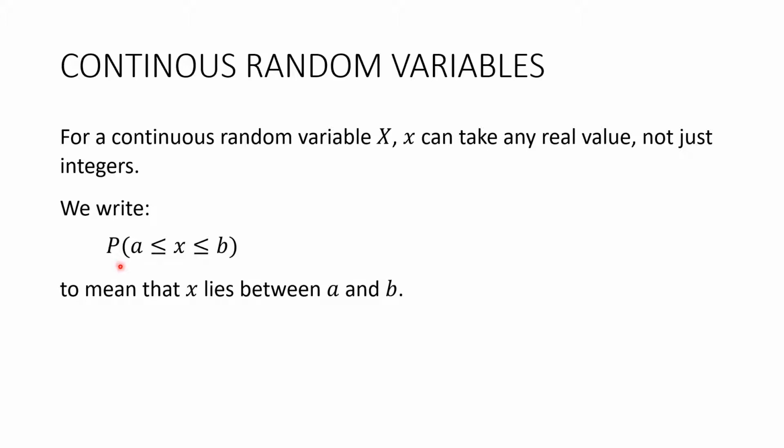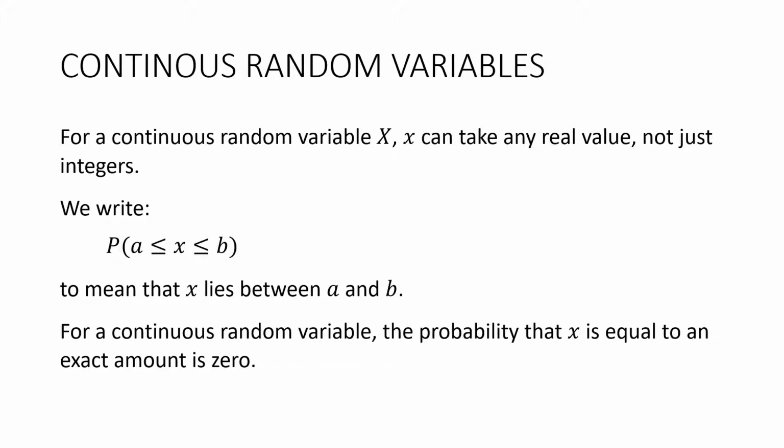This means the probability that x lies between A and B. Now for a continuous random variable, the probability that x is equal to an exact amount is 0. So we can't say, for instance, that my height is exactly equal to 170.2 centimeters. Okay, it's always going to have been rounded to that.